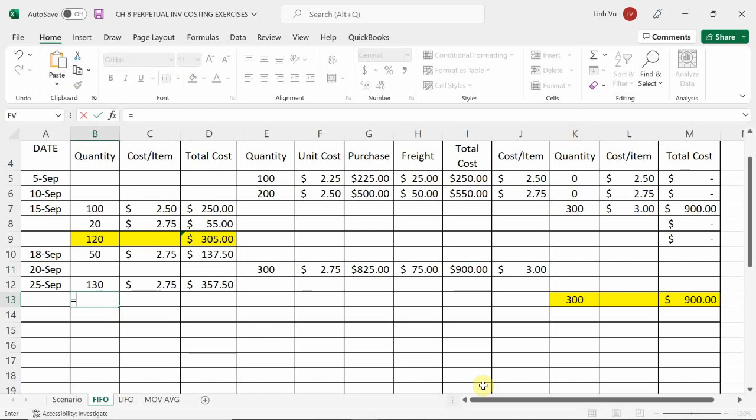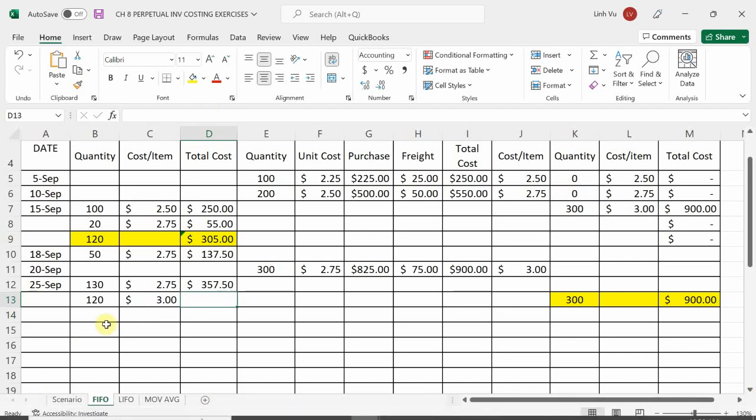You could take 250 minus 130, you'll get 120. So what's my cost per item? $3. So how much is going to be my grand total for selling 120 units at $3 each? 360.